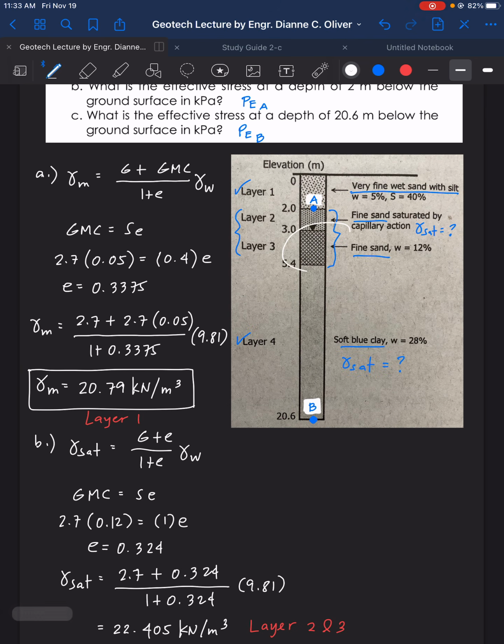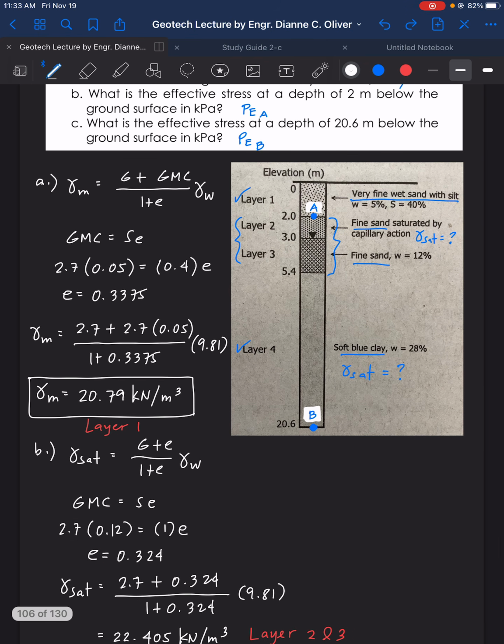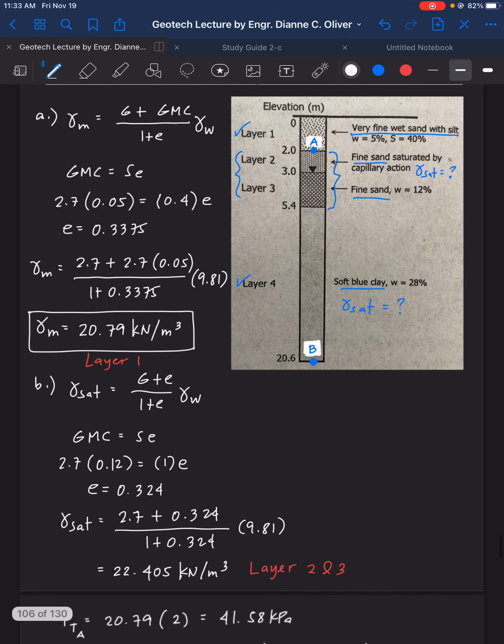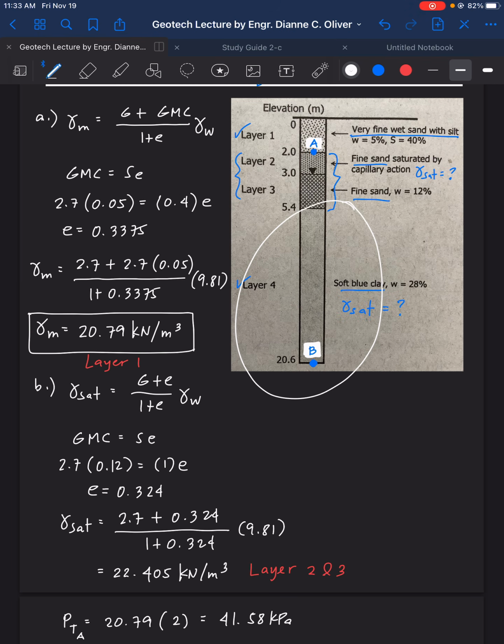The height here is 5.4 minus 3. Okay, so 5.4 minus 3, plus the layer 4, the gamma sat minus gamma of water, times 20.6 minus 5.4 for the height of this one. Okay?